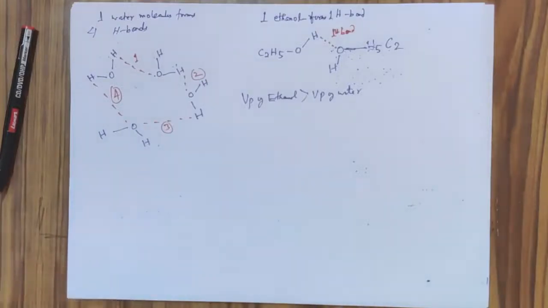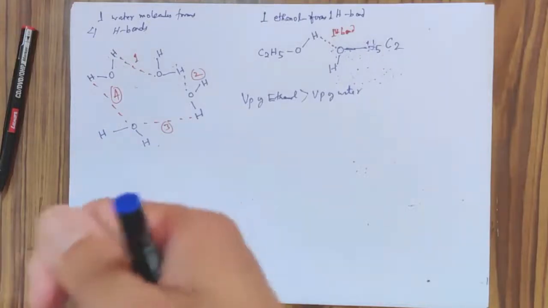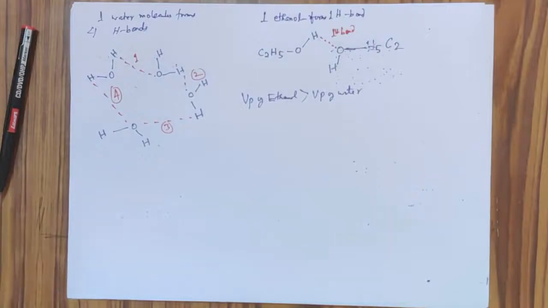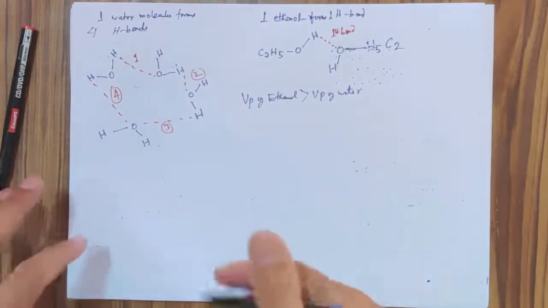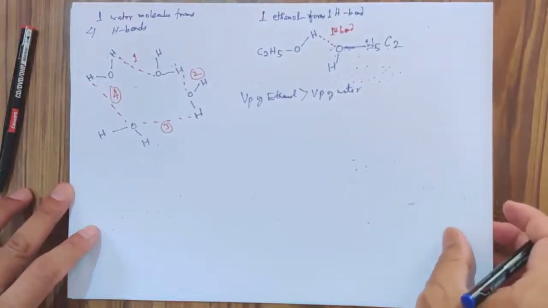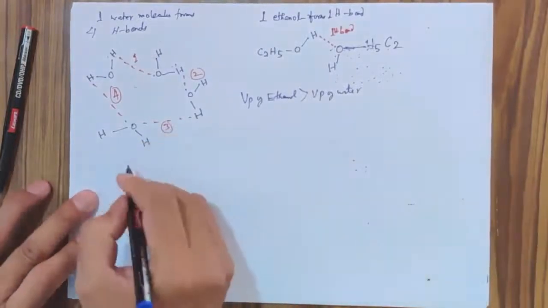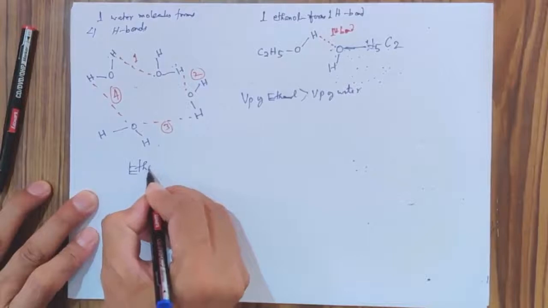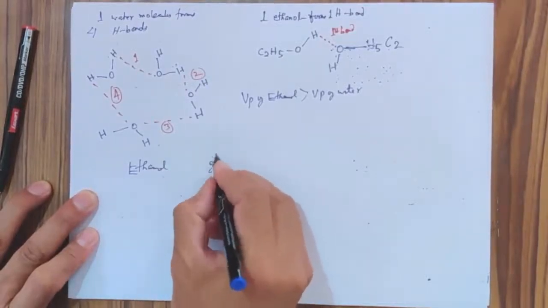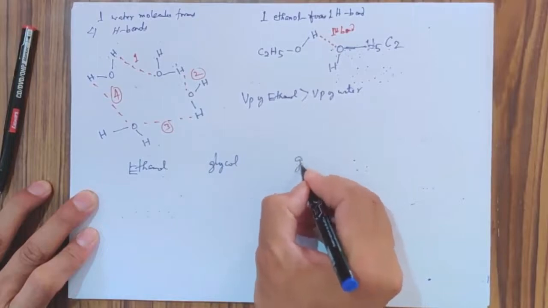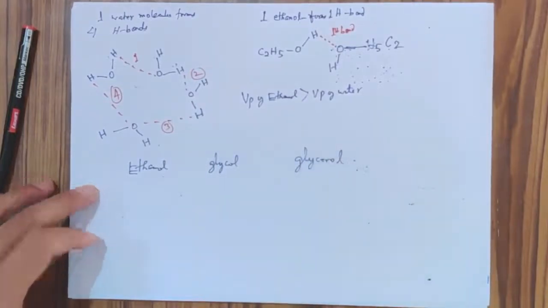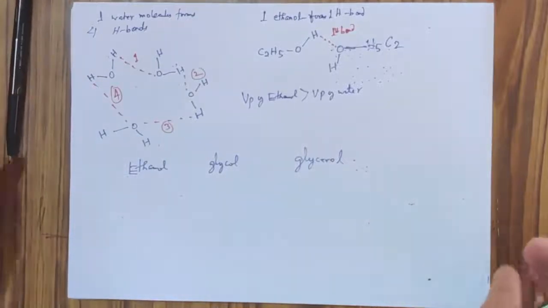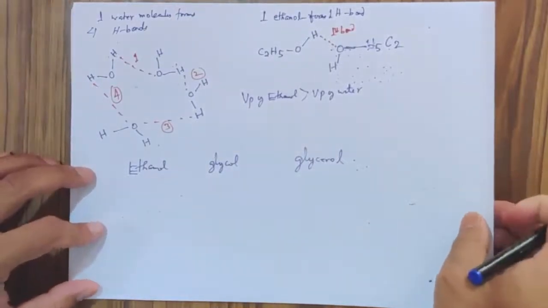Suppose in a question you were given ethanol, glycol, and glycerol. The nature of the substance decides the value of vapor pressure.